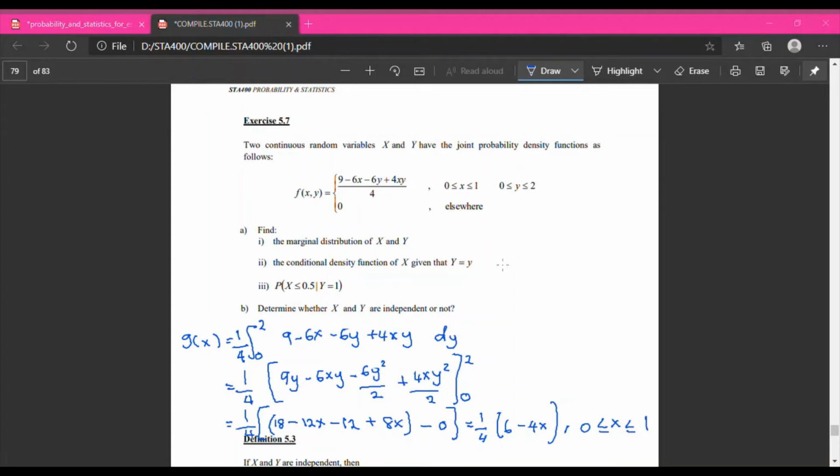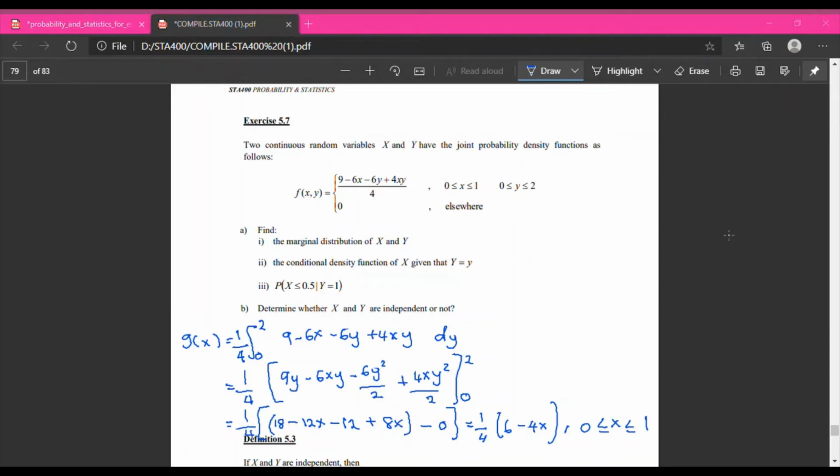So it will be 1/4 of 9x minus 6x squared divided by 2 minus 6xy plus 4x squared y divided by 2.